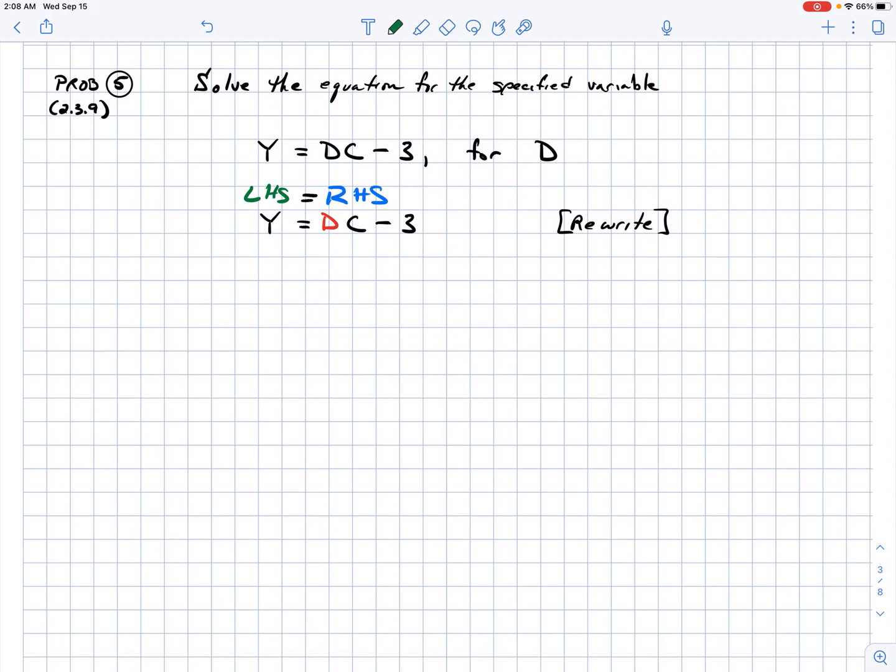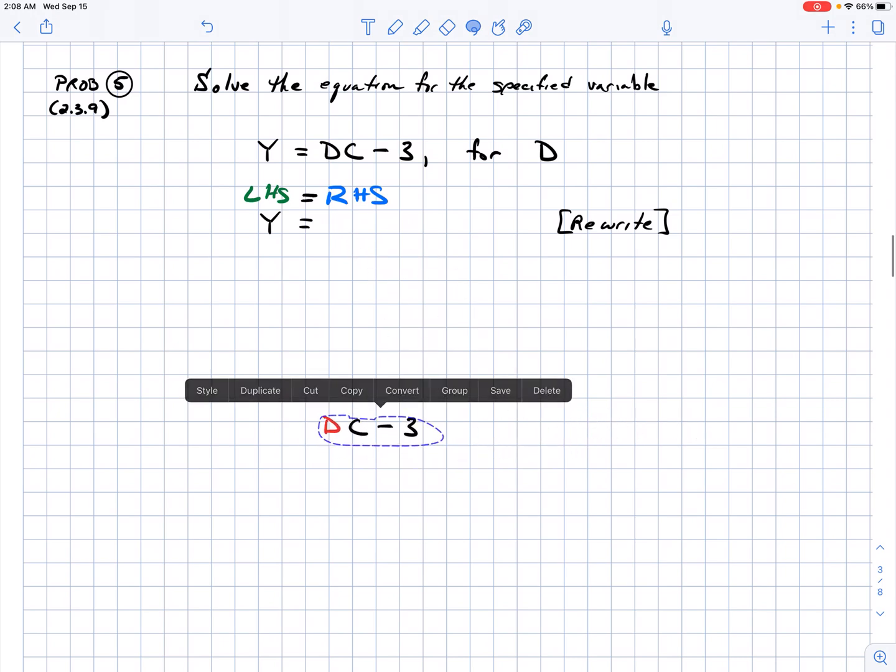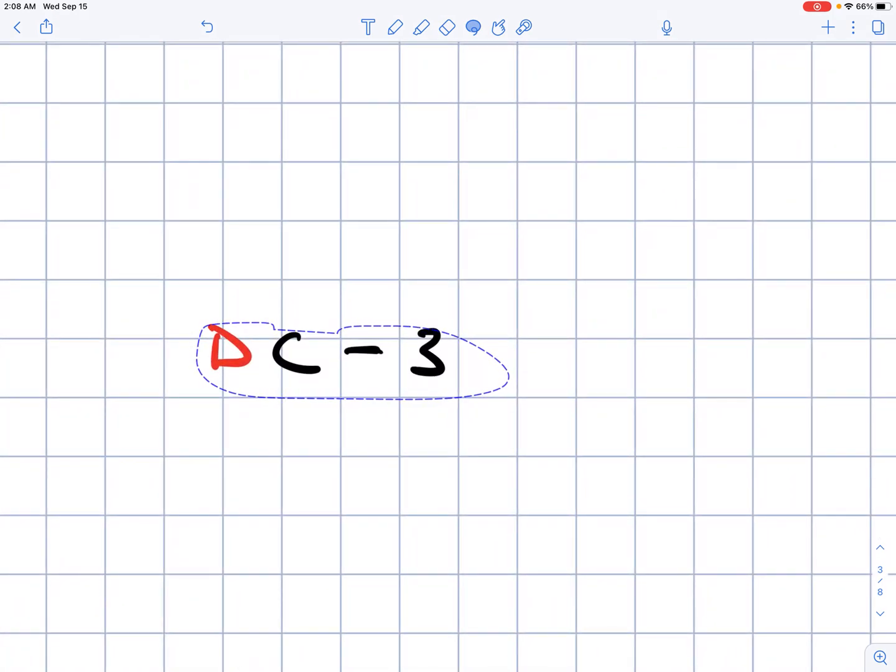So I'm going to look at the right-hand side for a second and pull it out right here, and all I want to do is read that as it stands. It says d times c minus 3. Now, you could also read it another way, but let's just go with this for 1 second: the product of d and c minus 3, or d times c minus 3.